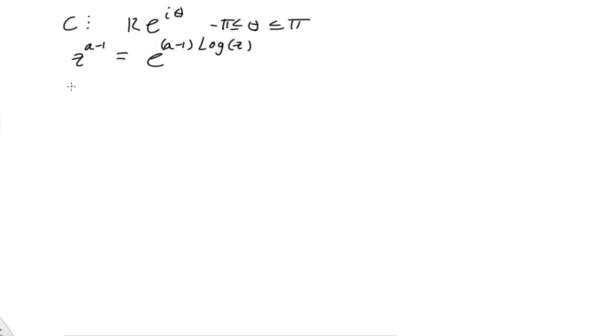So this is our z of theta function. In order to write this integral out in explicit form, we have to find z prime, taken with respect to theta, and that's r i e to the i theta.